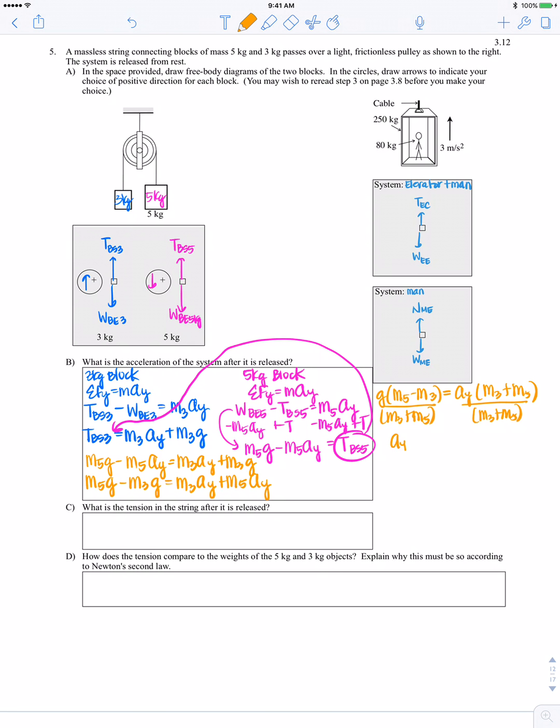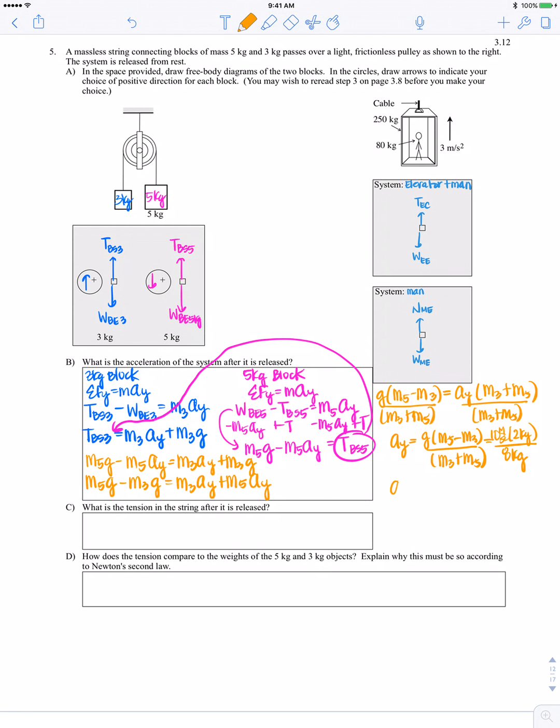I get A_y equals g (M5 minus M3) over (M3 plus M5). When I plug in values, that's 10 meters per second squared times 5 kilograms minus 3 kilograms, so 2 kilograms, over 3 kilograms plus 5 kilograms, that's 8 kilograms. So that's 20 divided by 8. The acceleration is 2.5 meters per second squared.